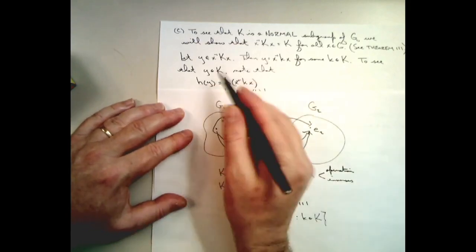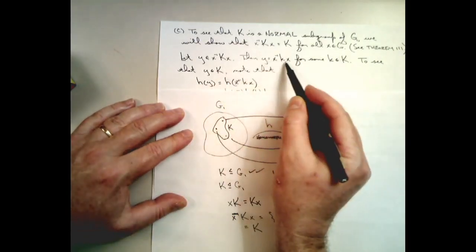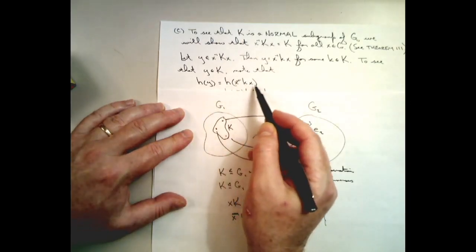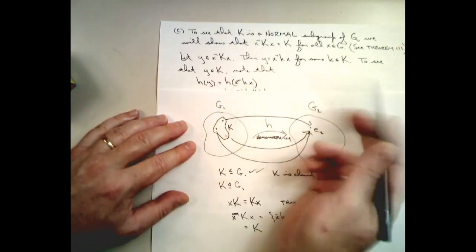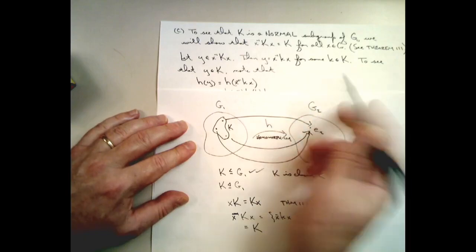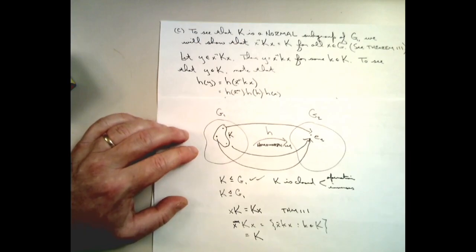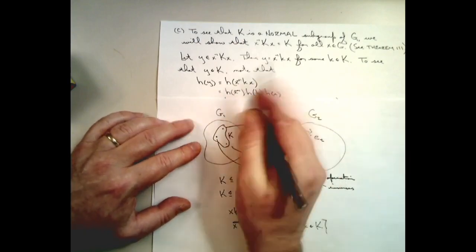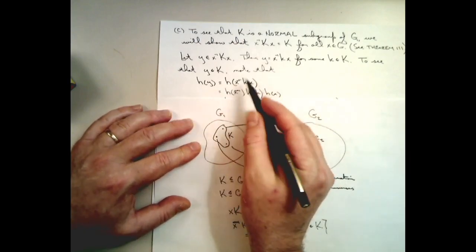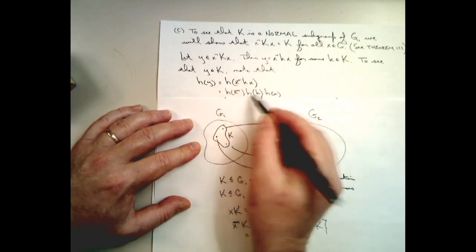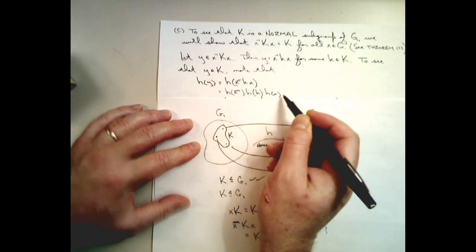Well, since y is equal to x inverse kx, h of y is h of x inverse kx. But again, h is a homomorphism. It's the only thing we know about h. But that's a powerful property, because what we know is that we can either multiply in G and then look at the image, or look at the images and then multiply in G2.